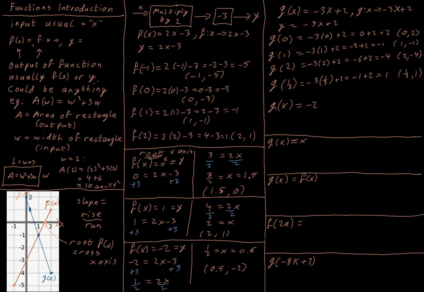Now, what happens if we get our y value is equal to minus 2? So that's our y value, our output of our g of x function. So we set our function equal to minus 2 and solve as before. Minus 2 from both sides to get the x by itself.